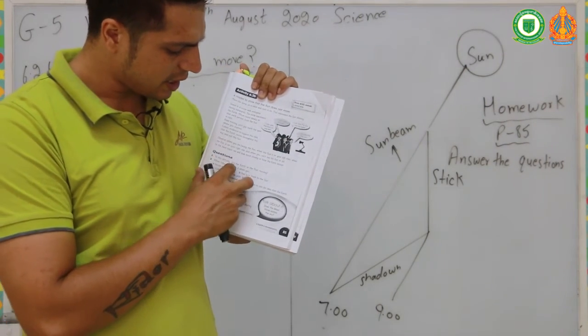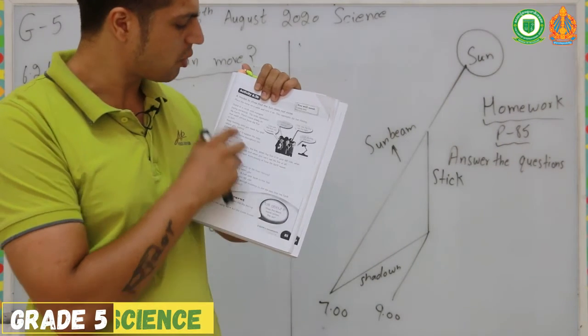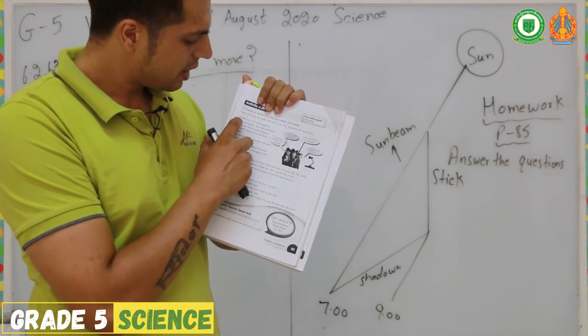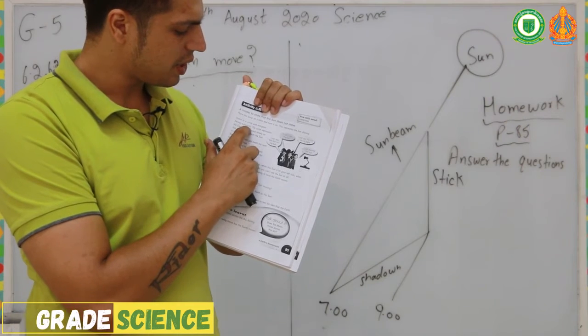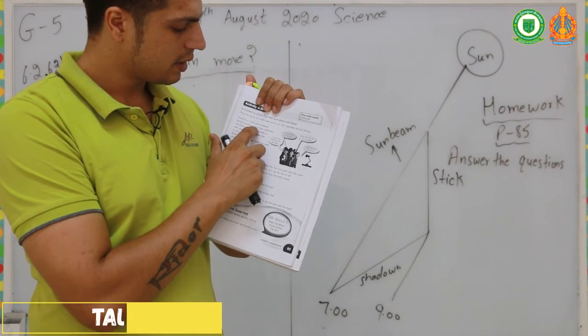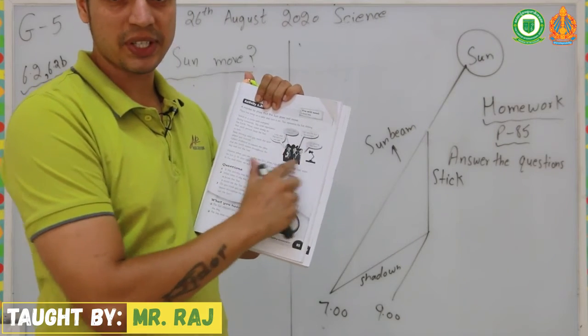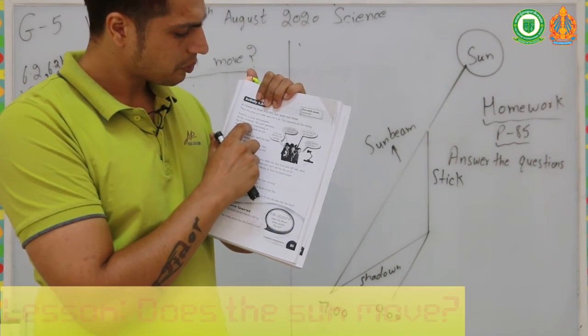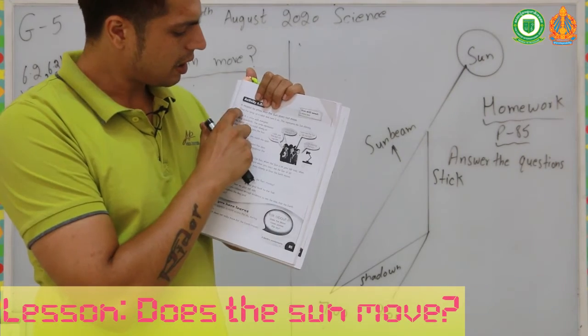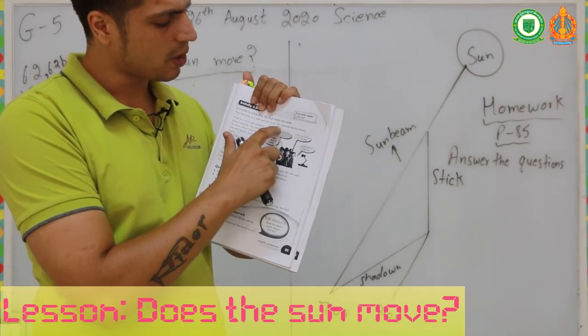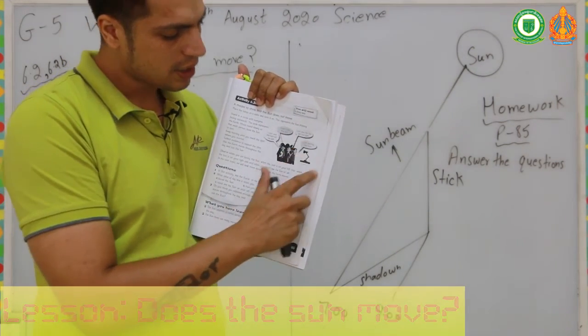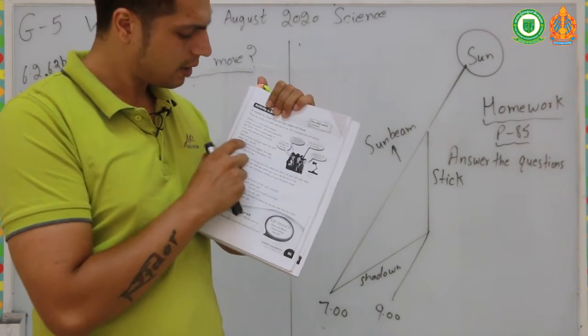In this activity, was the earth or the sun moving? Let's read. Stand in a circle with everyone facing outwards. The circle represents the earth. Place a lamp on a table and turn it on. This represents the sun shining, so this lamp represents the sun.